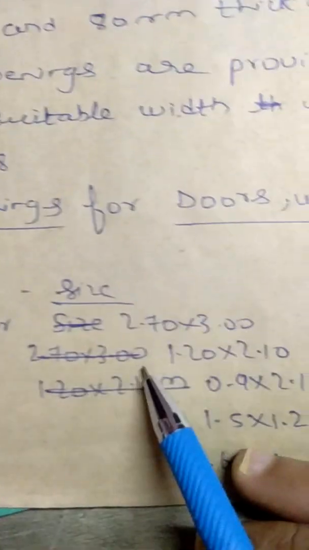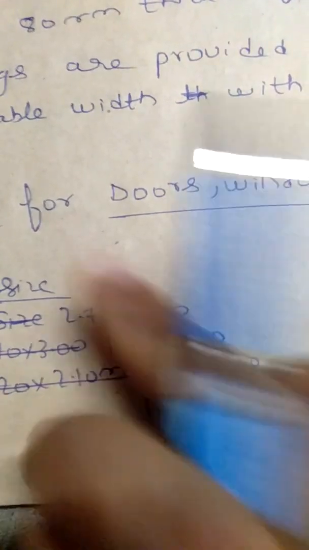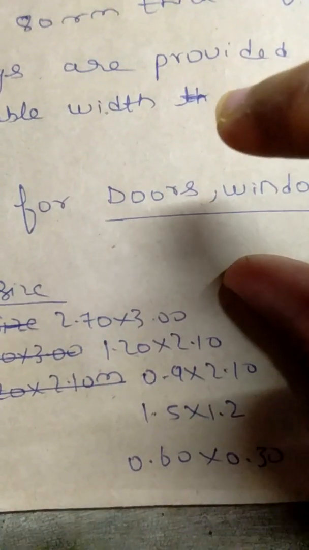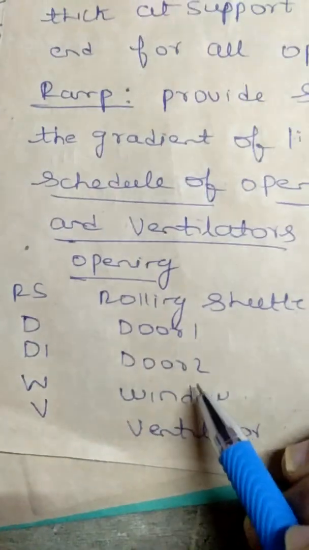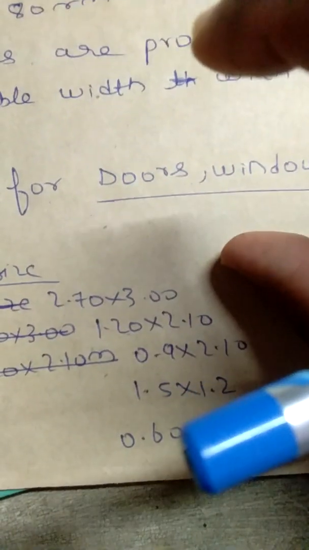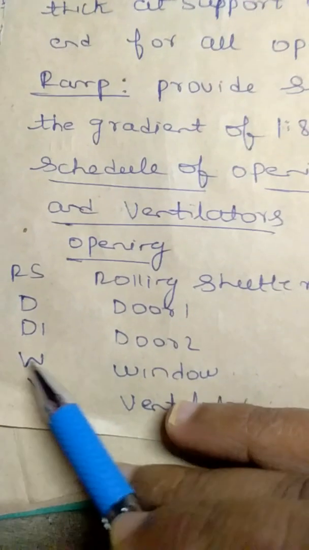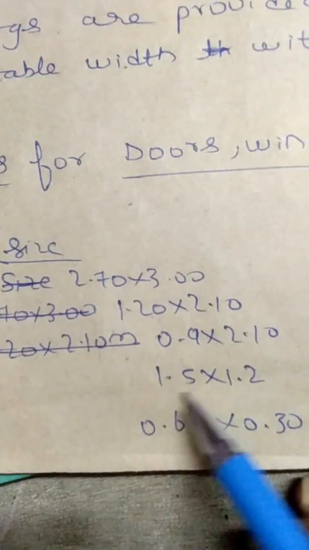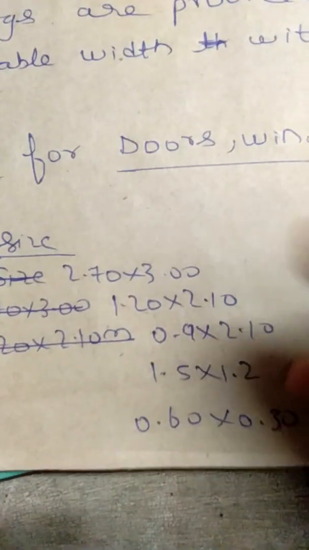So what is door 1 size? 1.2 meter like this horizontally and 2.1 meter height. Similarly, door 2 size, that is 0.9 by 2.1, that is 0.9 meter width, 2.1 meter height. So what is the size of the window? 1.5 meter horizontal and 1.2 meter height.